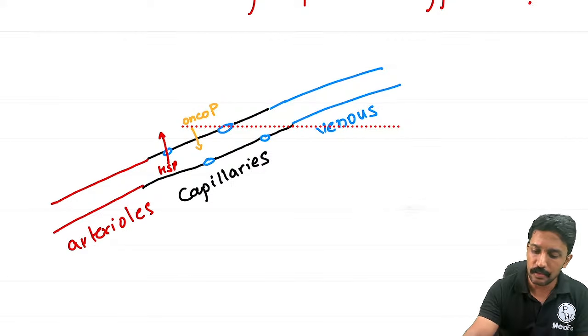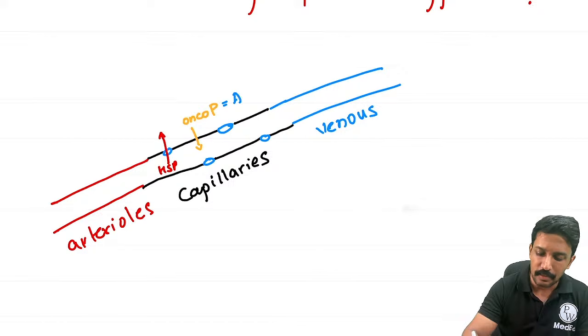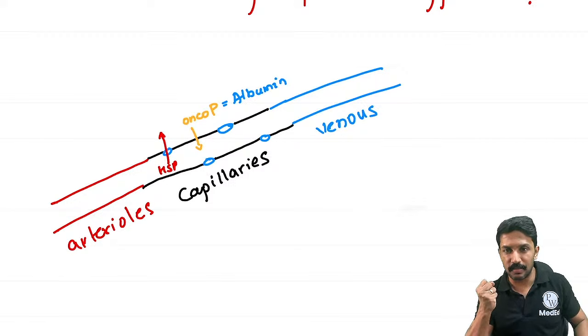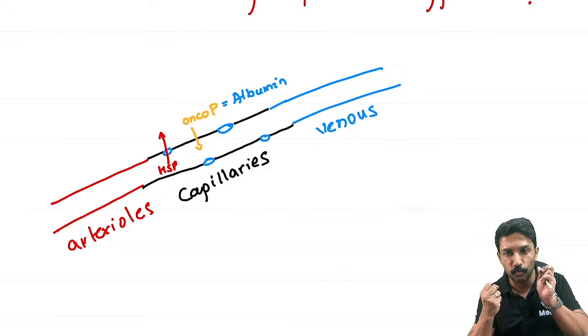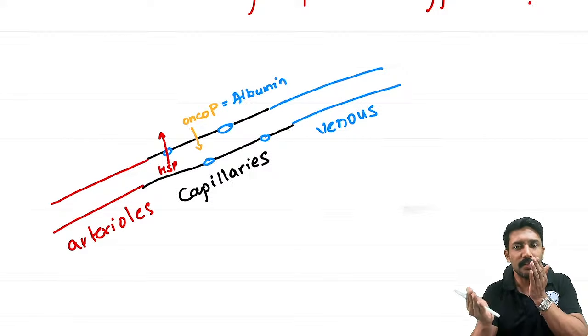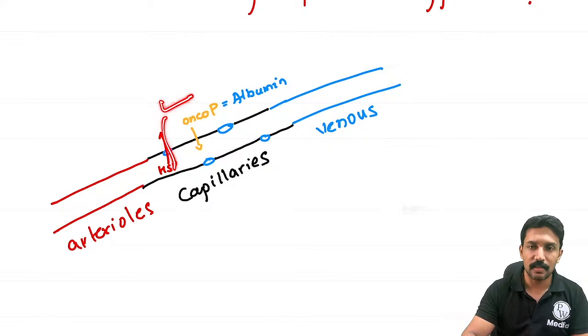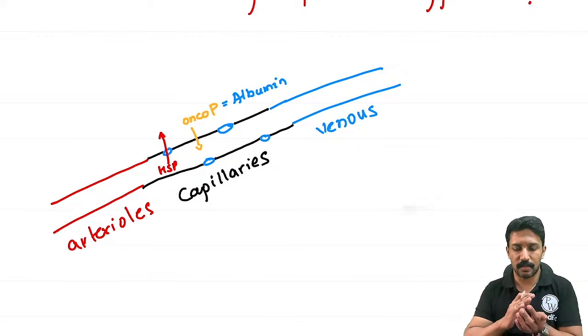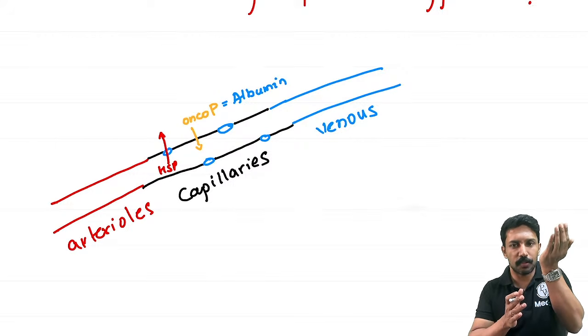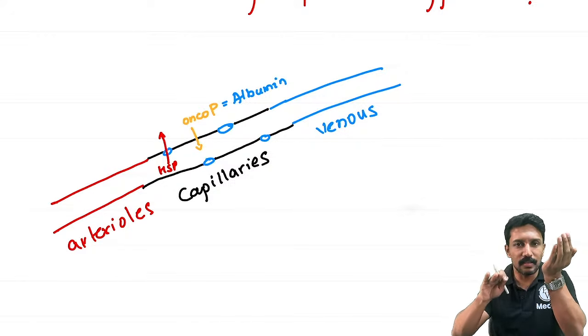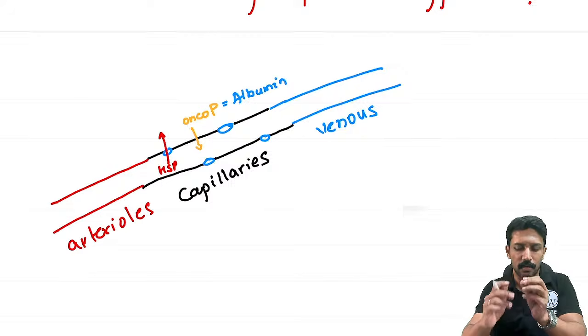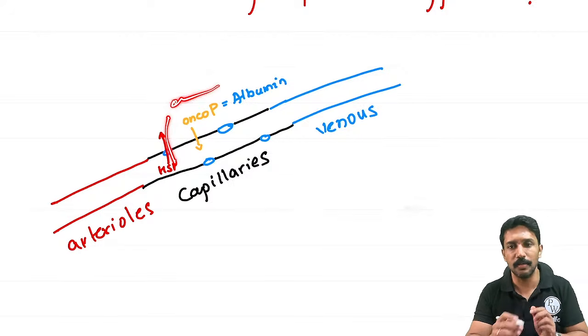Albumin is the most important factor determining oncotic pressure. So albumin wants to retain the fluid inside the blood vessel, and the capillary blood pressure wants to push it out. Anytime there is an imbalance, the water may leak out and stay in the interstitium. An increase in hydrostatic pressure or a decrease in oncotic pressure will lead to fluid leaking into the tissues.